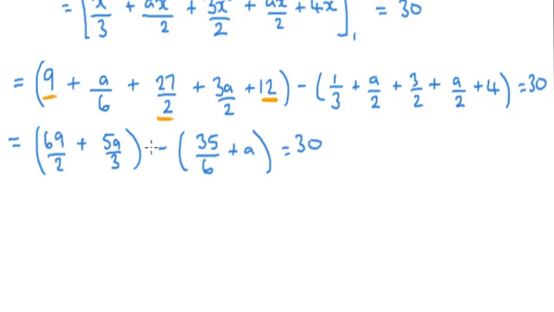So now we can collect together the 69 over 2, take away 35 over 6, which is 86 over 3. And we've got 5a over 3, take away a whole a, so that's going to be 2a over 3.